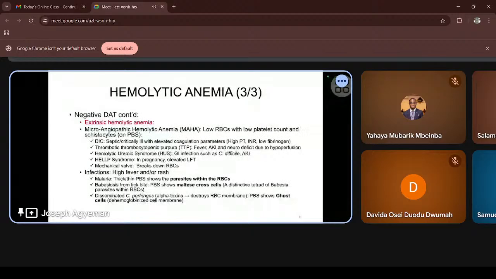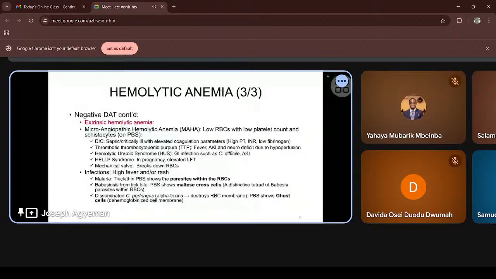Those who have been to the ICU, you have this encounter. When this happens, the anemia that occurs is classified under microangiopathic hemolytic anemia.